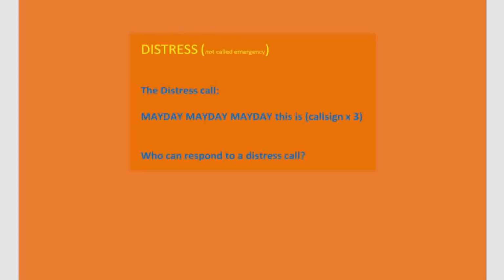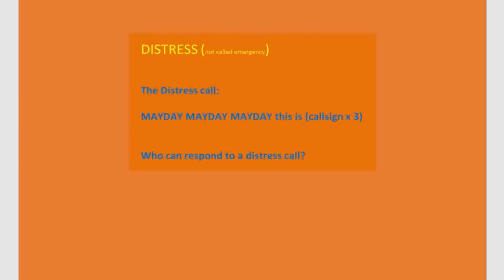There's no emergency call on radio. The emergency call is Mayday, Mayday, Mayday. And it's only when there's grave danger to life or large property that you would call a Mayday. If you hear a Mayday call, the best thing is to listen and see if someone more appropriate than you answers.